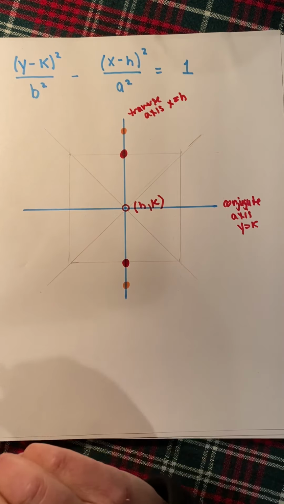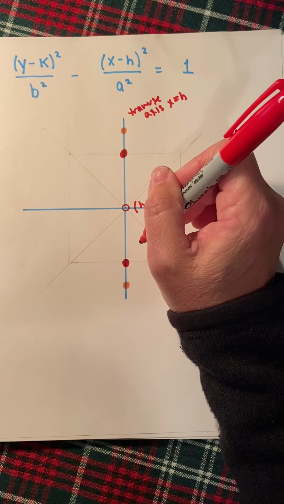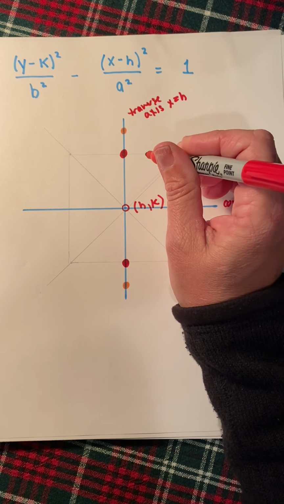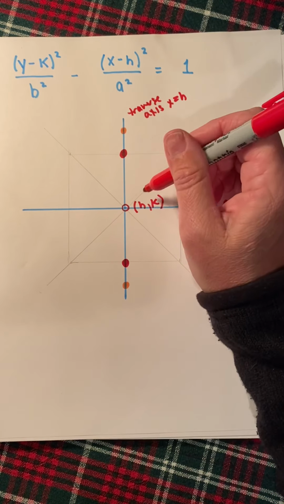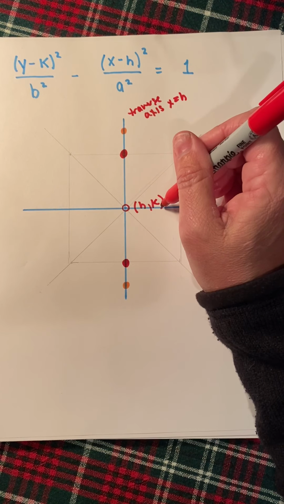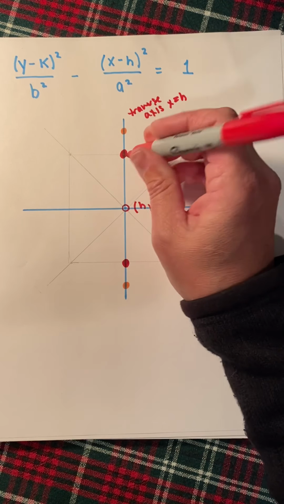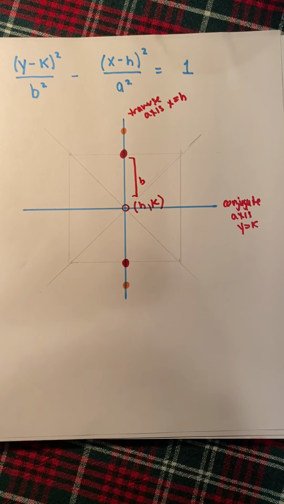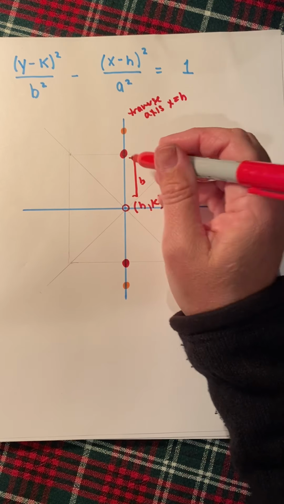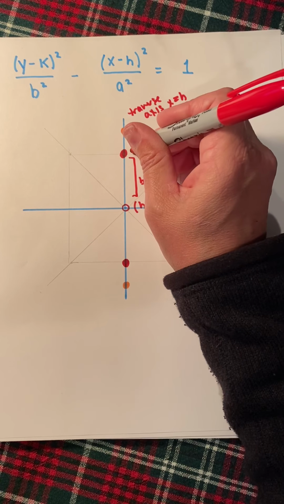So that's my first vertex. The distance from the center to my vertex is going to be b.